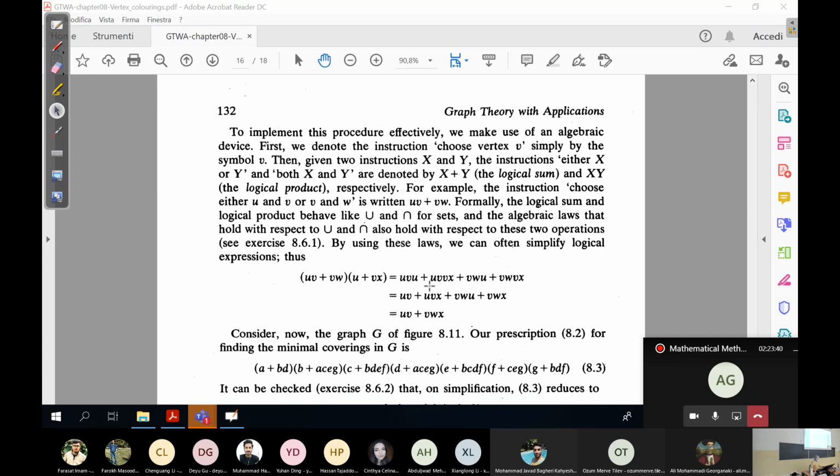When in a certain monomial, in a certain product, the same element comes more than once, you can leave it just once. Eliminate the doublings. This is because A and A equals A. And if you have an OR in which there is a monomial which is contained in another monomial, then the bigger one can be eliminated. So I'll write it down now.